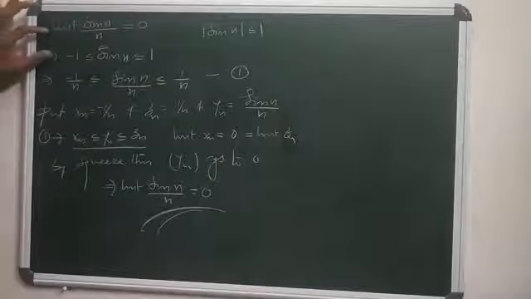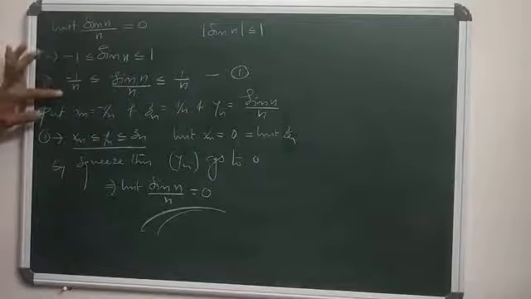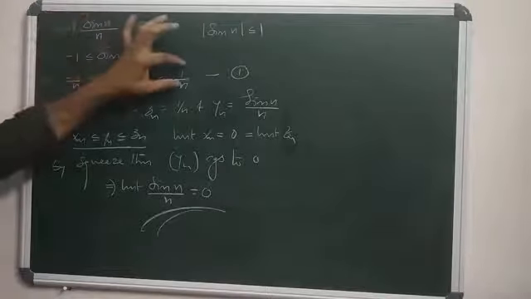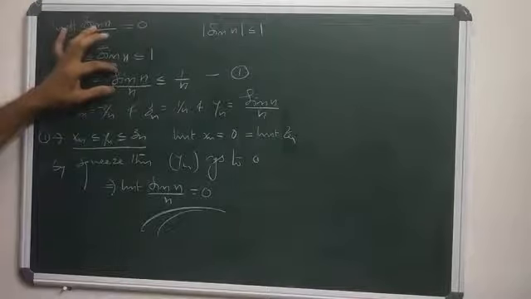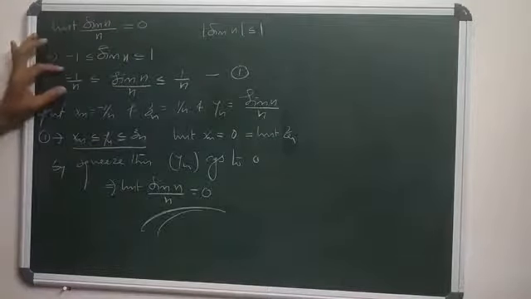Mod sin n less than or equal to 1. From here we get minus 1 less than or equal to sin n less than or equal to 1. Again from here, you can choose xn equals minus 1 by n and zn equals 1 by n. Moreover, yn equals sin n by n. So we have xn less than or equal to yn less than or equal to zn. That is clear from this.